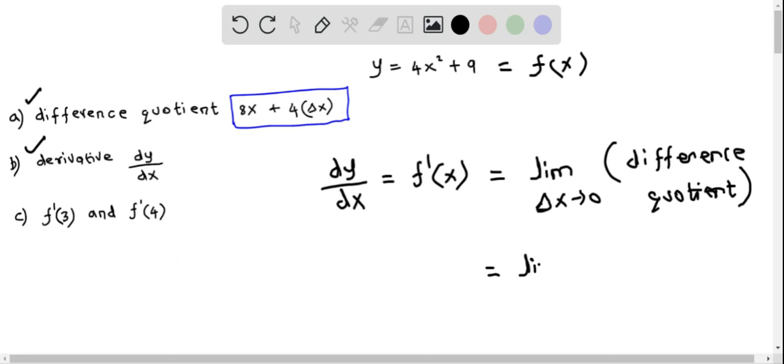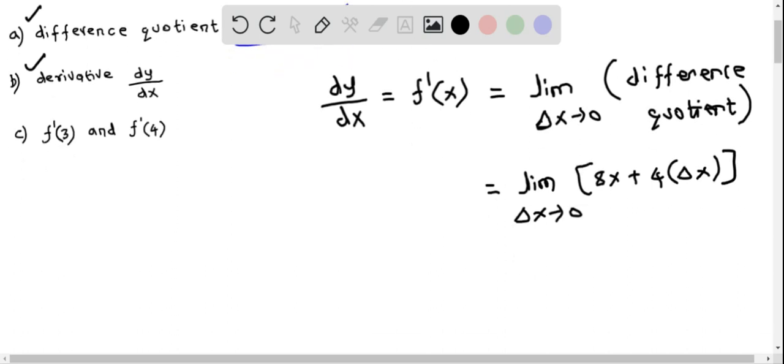So let's find this out. So this is a limit of the difference quotient, that is limit delta x approaches 0. The difference quotient expression we already obtained as 8x plus 4 times of delta x. So let's find the limit of this expression. So when delta x approaches 0, we can do the direct substitution.